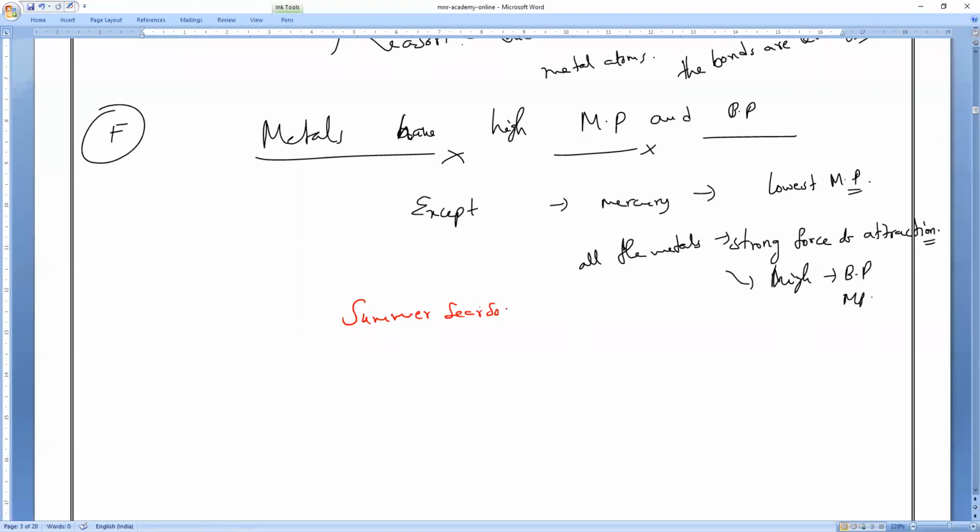So the metals are gallium as well as cesium. Their melting points are 30 degrees Celsius and 28 degrees Celsius. Do you all understand now, everybody? Not mercury, gallium and cesium.